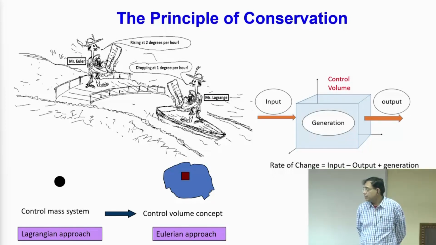There may be an identified set of fluid particles which are closely moving with the boat, that means the boat is pushing them, and this person, as a drama, we can name Mr. Lagrange. What Mr. Lagrange is doing is measuring the temperature there.